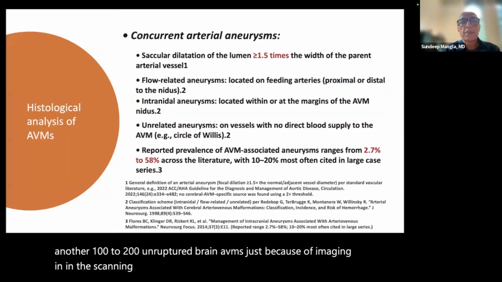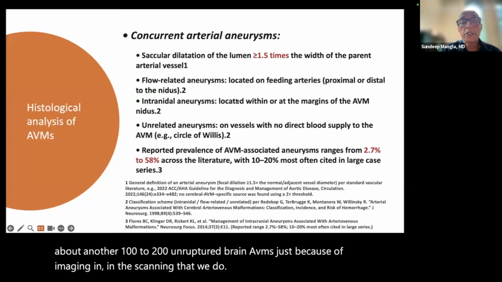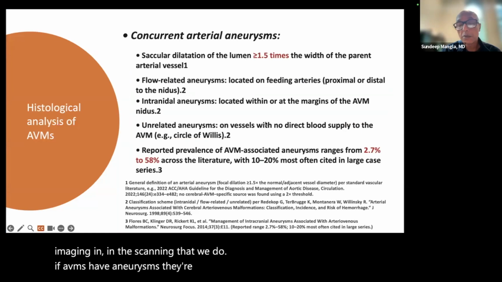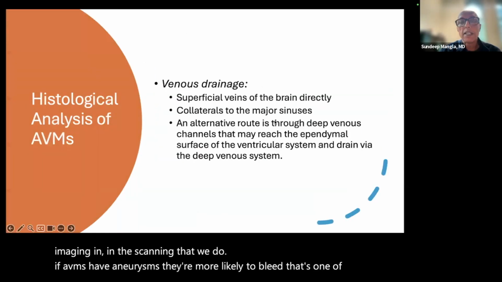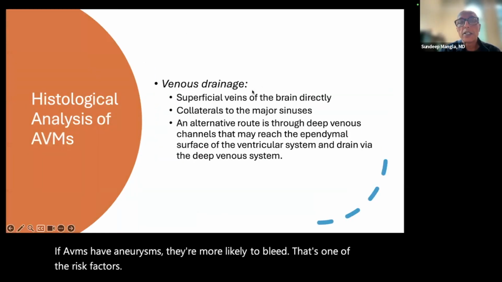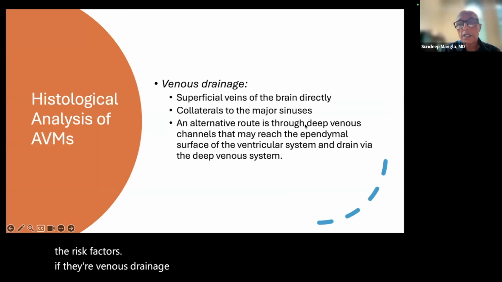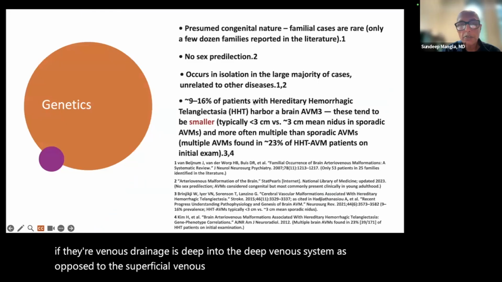If AVMs have aneurysms, they're more likely to bleed. That's one of the risk factors. If their venous drainage is deep into the deep venous system, as opposed to the superficial venous system, they're at higher risk for bleeding.